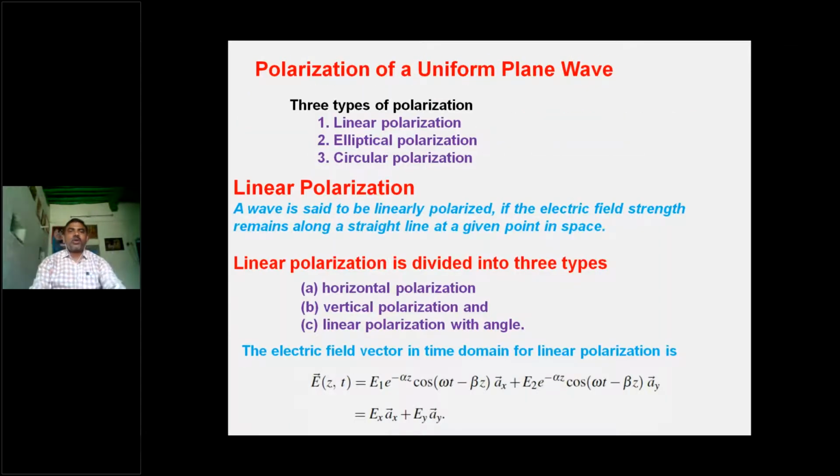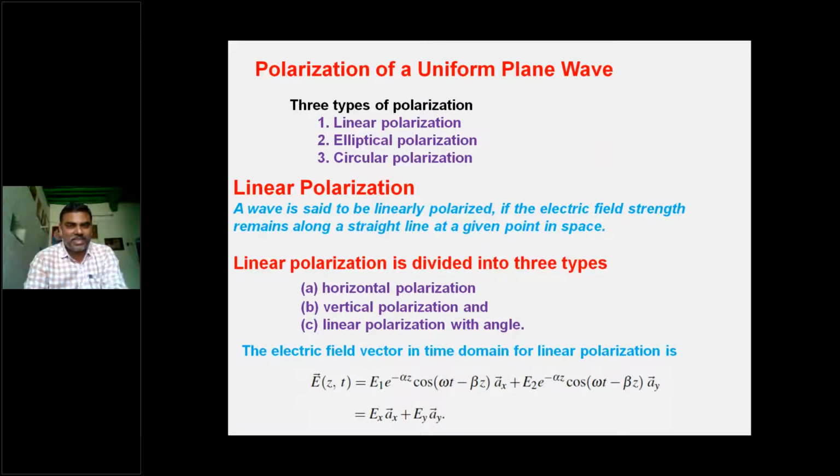And the next topic is the polarization of plane waves. Generally, polarization means the direction of the electric field. Whatever the electric field component, once it travels in free space or whatever the media, it traces a certain path, and based on that tracing path we can call that particular wave by its polarization.